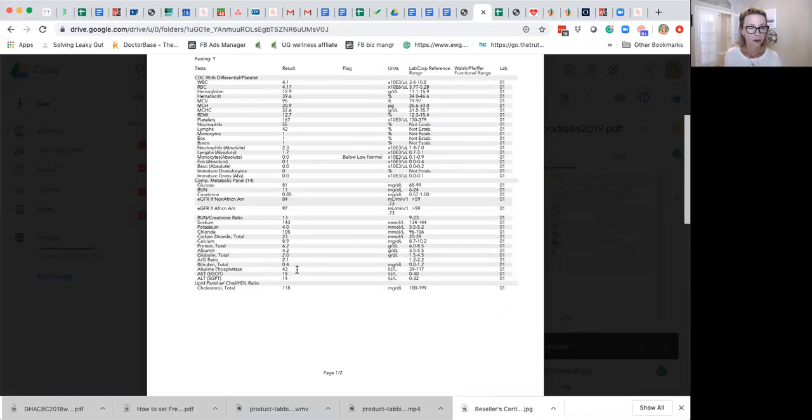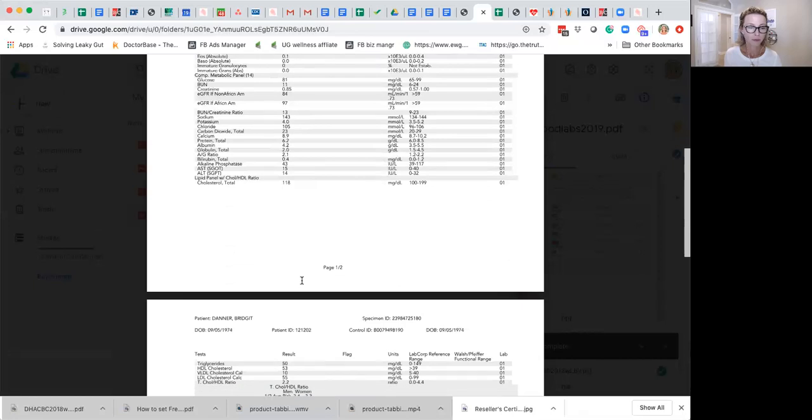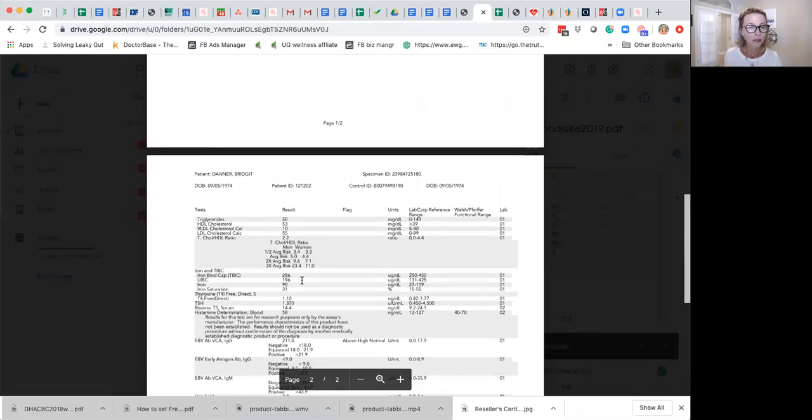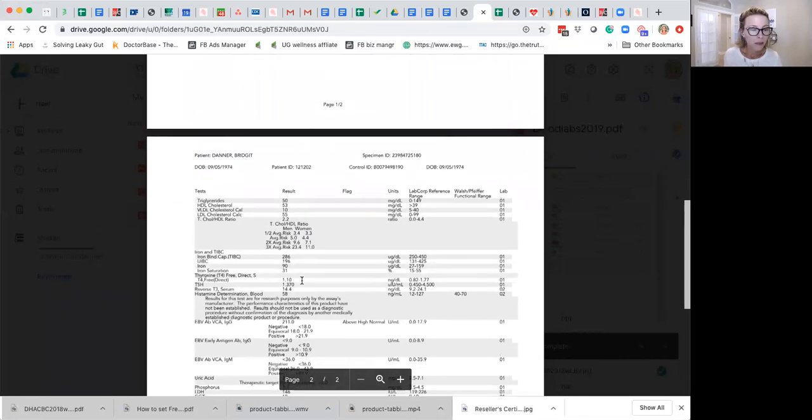There's just some liver markers. So some of these are not on our newer lab. Here's my TSH back then. It was 1.37. So it was fine.